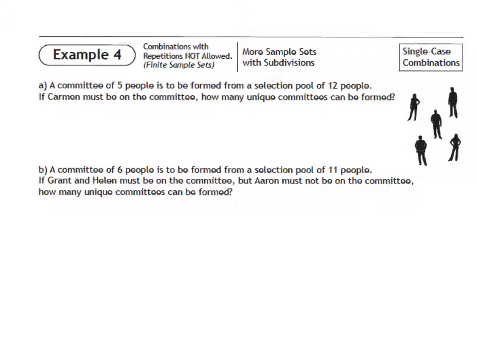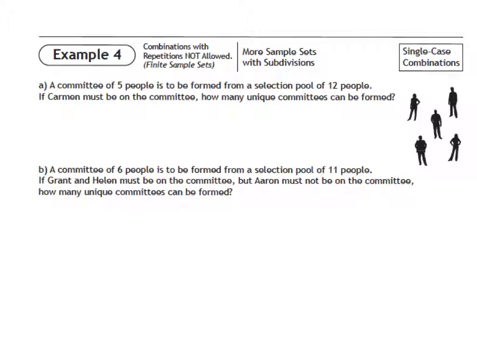So this is a continuation of the combinations lesson from yesterday. A committee of 5 people is to be formed from a selection pool of 12 people. If Carmen must be on the committee, how many unique committees can be formed? So we already know that Carmen is going to be on the committee for some reason. And we need 5 people in total out of 12. How many unique committees can be formed?